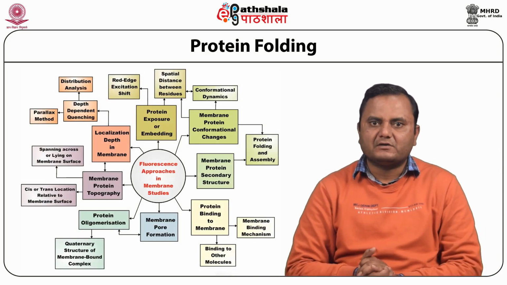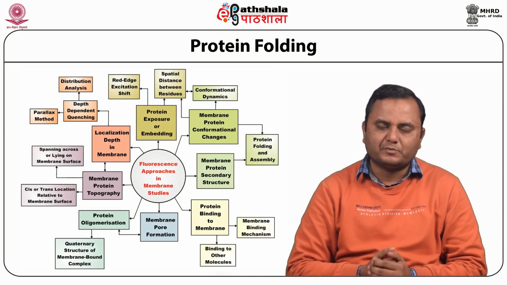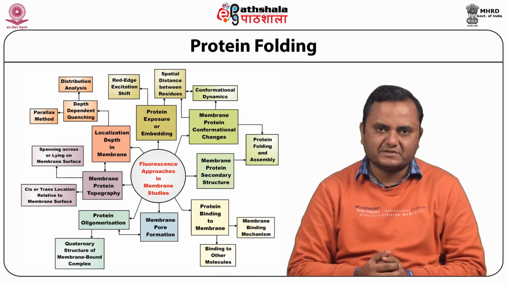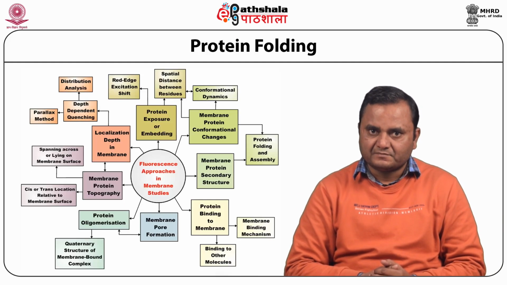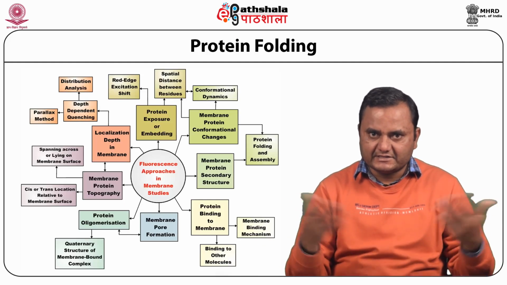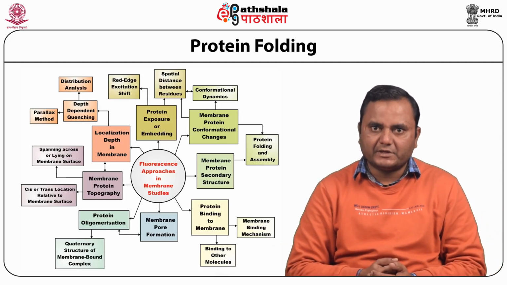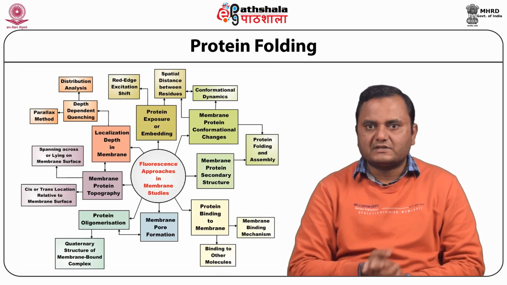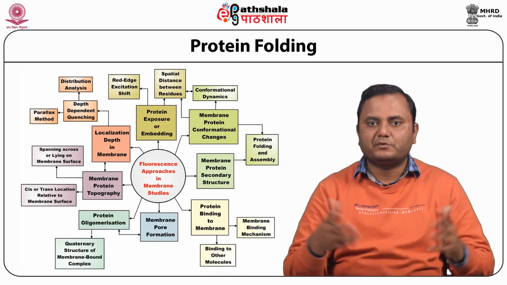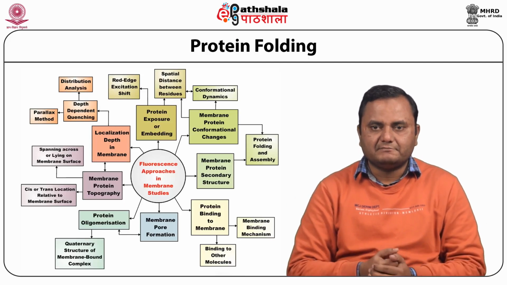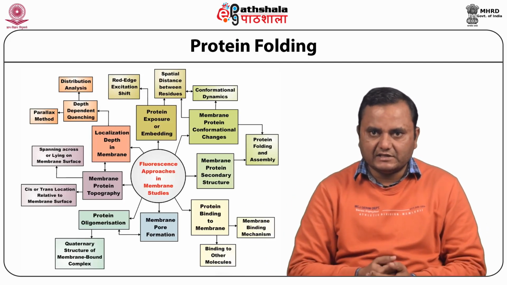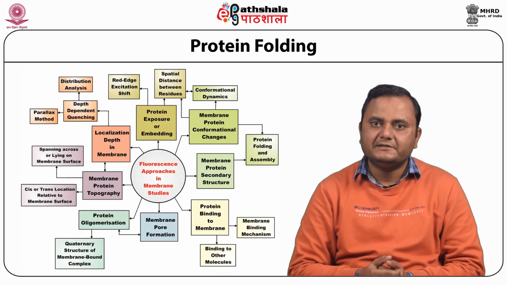Here we discuss how fluorescence approaches are used for different types of studies, for membrane studies or the structural kinetics and dynamics of membrane proteins. So it is used for membrane protein secondary structure estimation, and followed by that you can see protein folding and assembly.